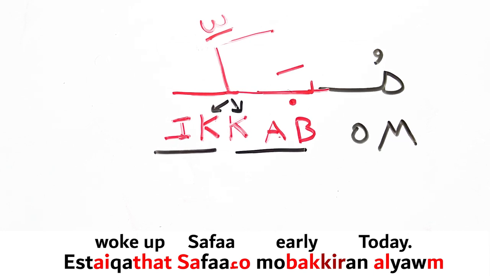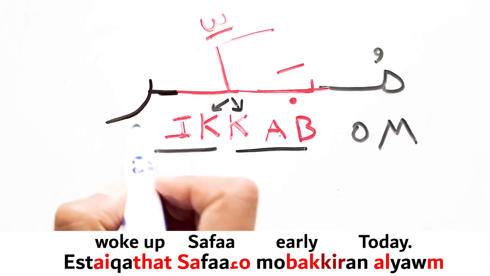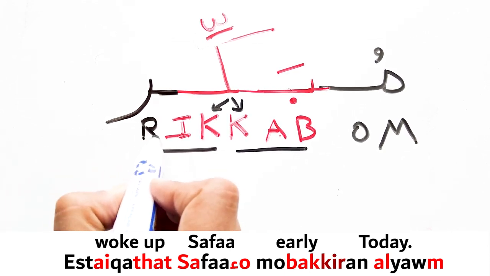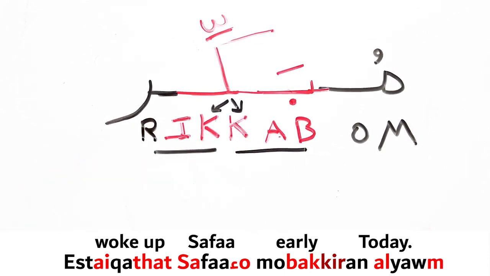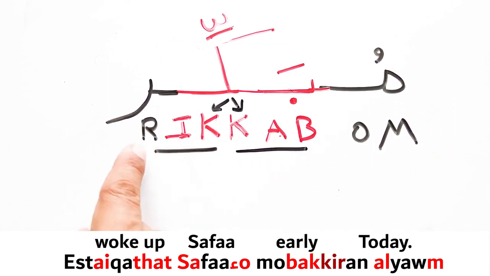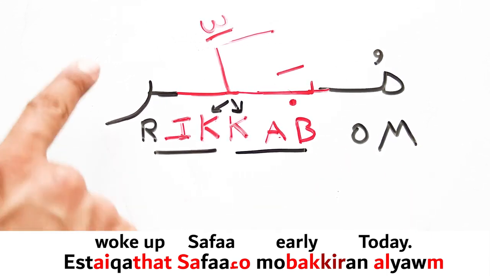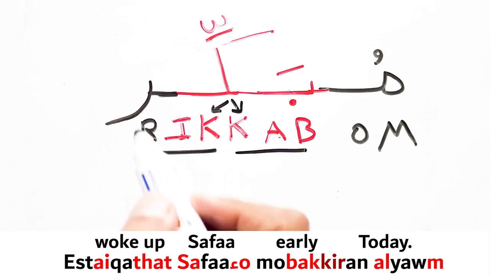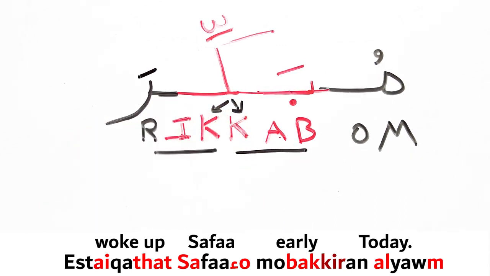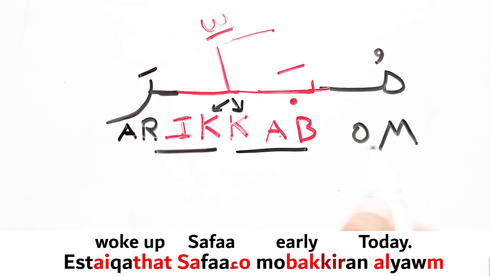I have this sound. It gives me the sound of R, this letter. So now it is mubakkir. But I say what? Mubakkiran. Pay attention now. If I add this mark on the top, fatha, it will give me the sound of A. So now it is ra, mubakkira.